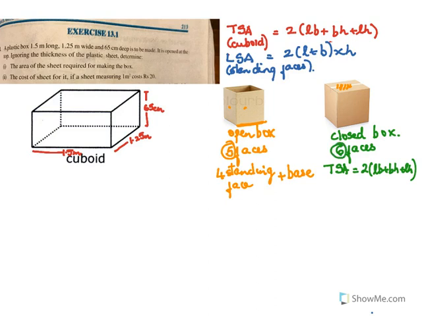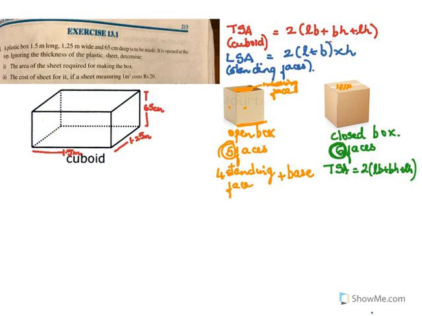This is very important to note. This is the difference between an open box and a closed box. I repeat again, in this open box, this top surface is missing. It's open, so it will not have 6 faces like the closed box.